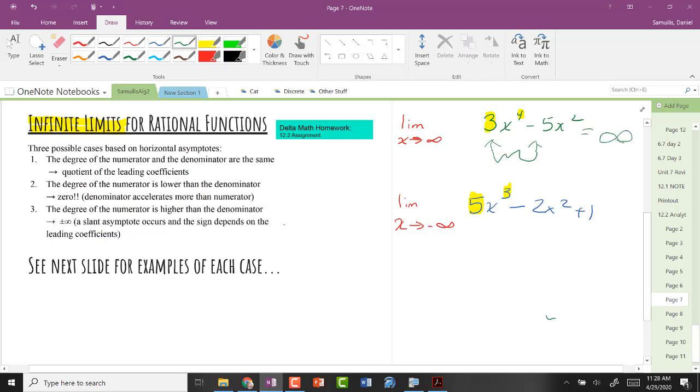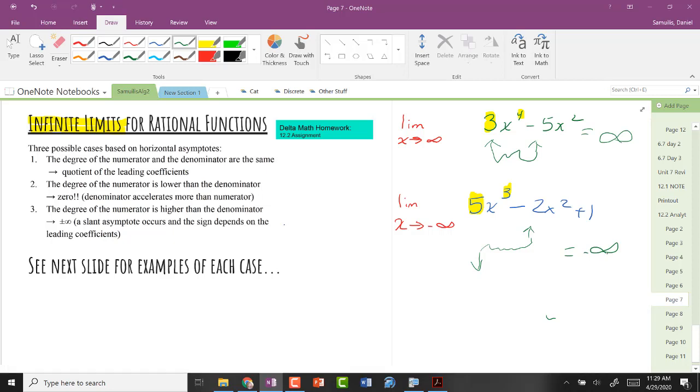When it was an odd degree with a positive leading coefficient, I know that the left ends down and the right ends up. So when I wanted to know what the left side was doing, the left side went down, so this would be a negative infinity. So those were the rules for polynomial functions.